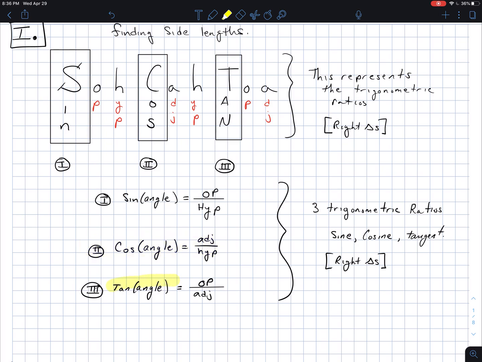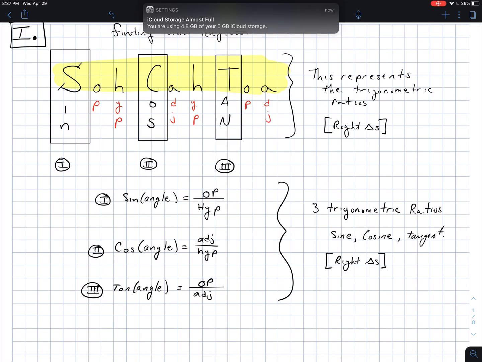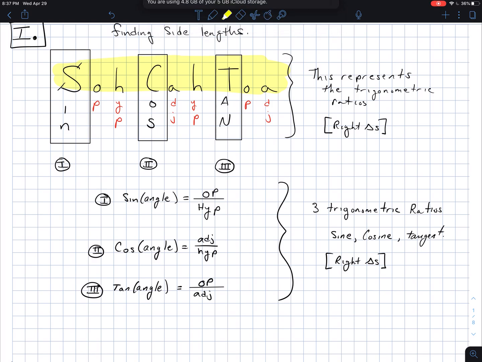And the tangent of an angle has the relationship opposite to adjacent. And where are we getting those from? We're getting them literally from SOHCAHTOA. If we can remember SOHCAHTOA, we're pretty good. That will tell us the relationships that we need to know.